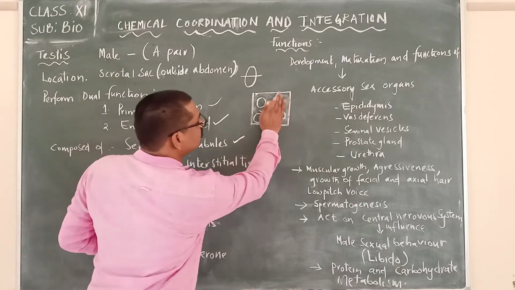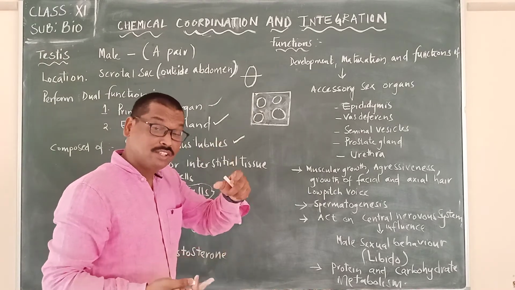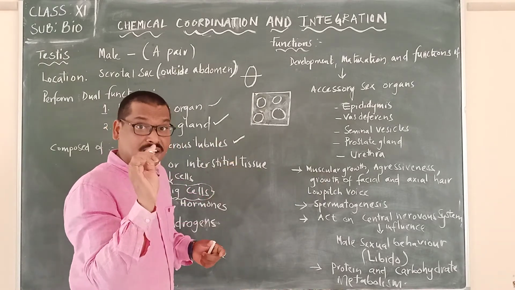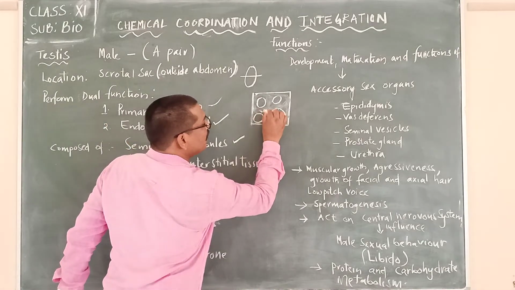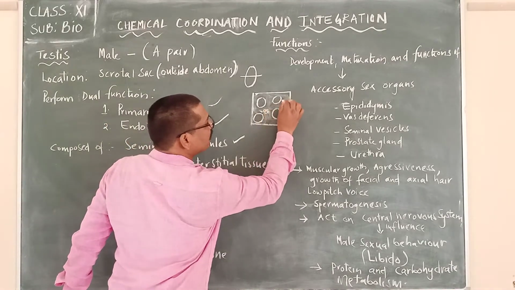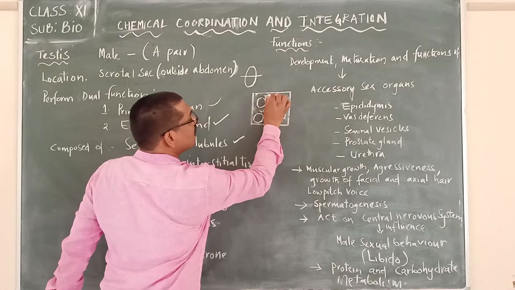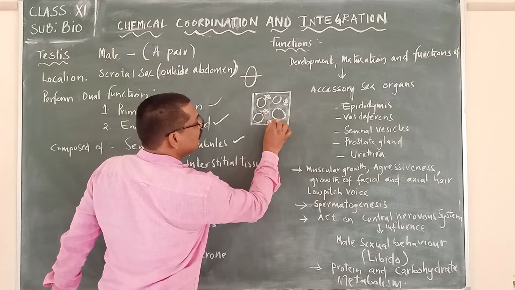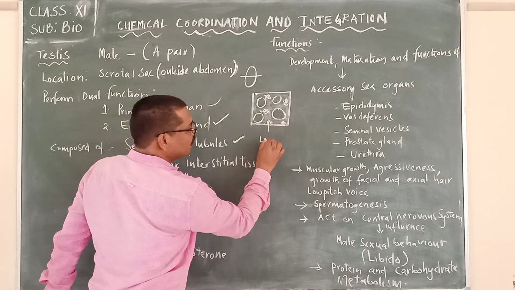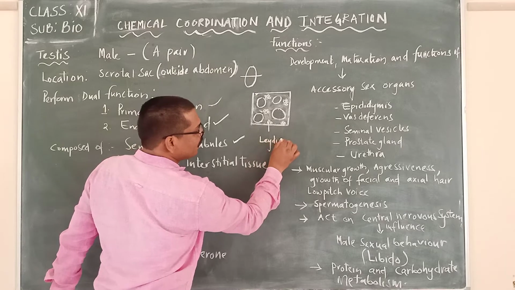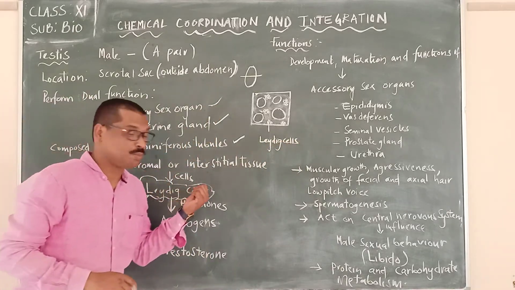They are also a type of cells, but within those cells there are special cells, and these special cells present outside the seminiferous tubules are called the Leydig cells.